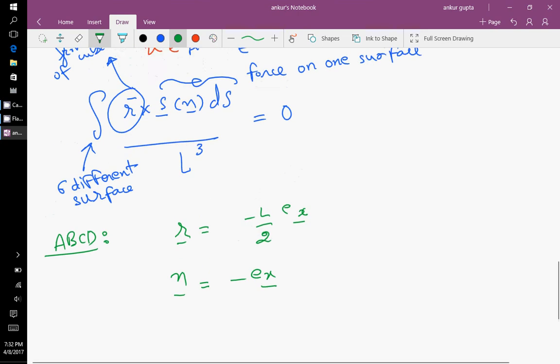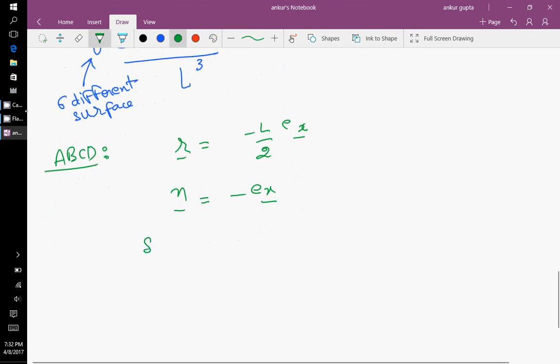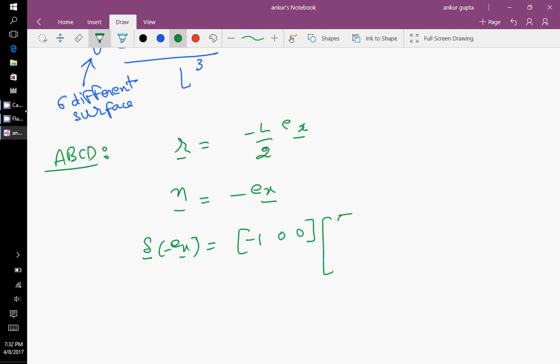So S of minus ex is n dot sigma. So n is minus 1, 0, 0 times the sigma tensor: sigma xx, sigma xy, sigma xz, sigma yx, sigma yy, sigma yz, sigma zx, sigma zy, sigma zz.